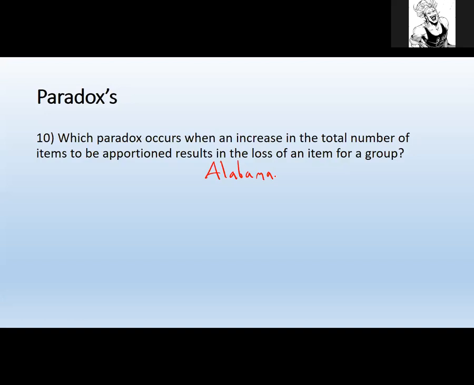So it'd be like if you had 5 groups that are getting apportioned items and you added another group, you would think it wouldn't change the allotment of the previous groups that were already there, but it ends up doing that in the new states paradox.